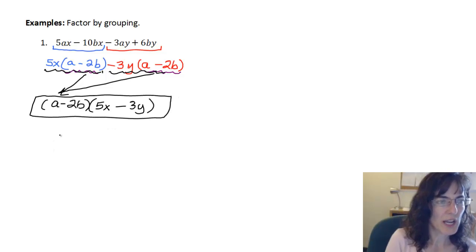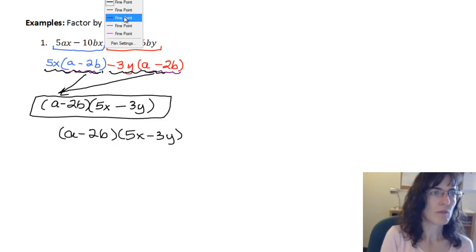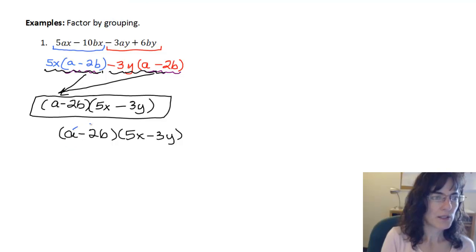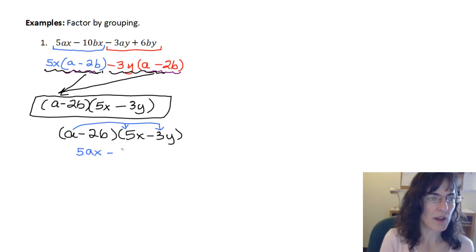I want to check. So a minus 2b times 5x minus 3y. Distribute that a. So a times 5x, I'm going to have 5ax. And then a times negative 3y, so I'll have negative 3ay.